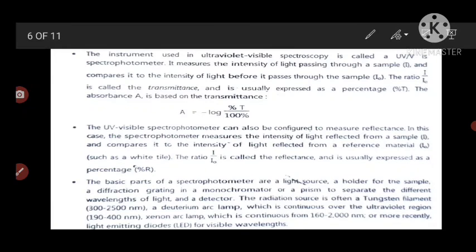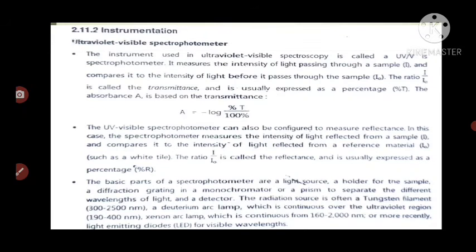Now we want to see the next point, the instrumentation of the ultraviolet-visible spectrometer. The instrument used in ultraviolet-visible spectroscopy is called the UV spectrometer. The UV spectrometer measures the intensity of light passing through the sample, which is considered as I, and this is compared to the intensity of light before it passes through the sample, the original or initial intensity, I naught.